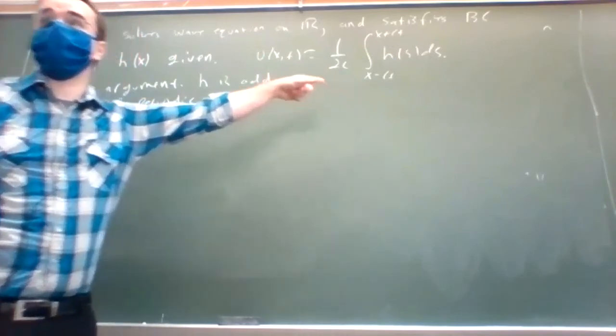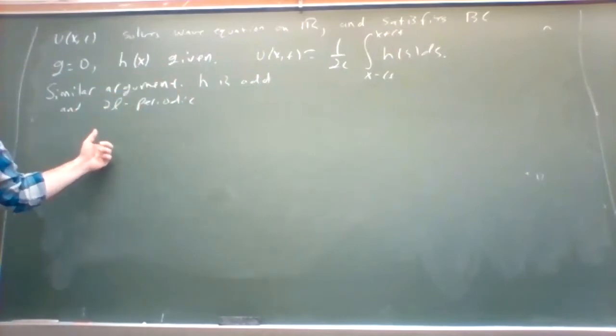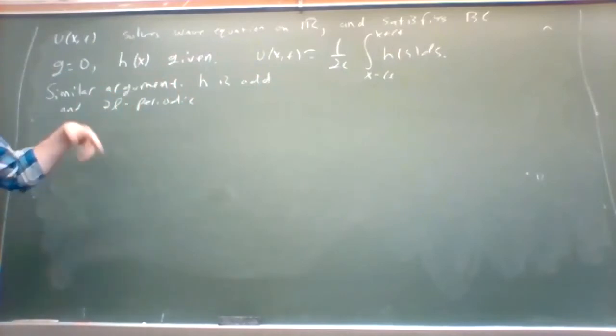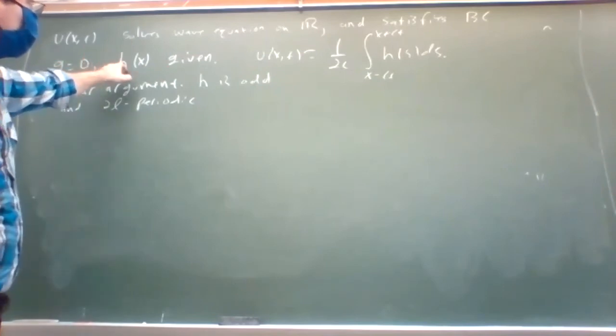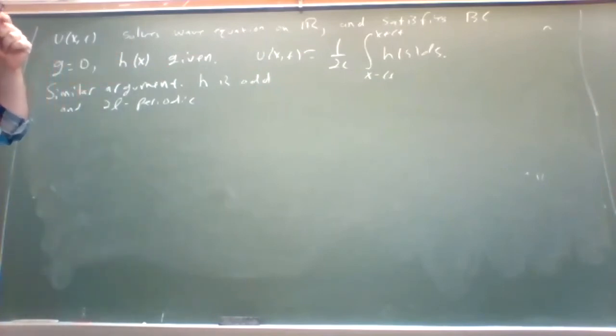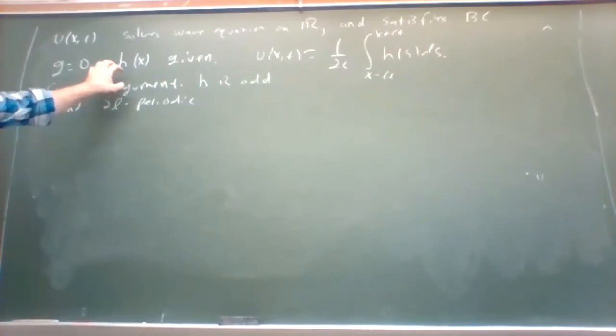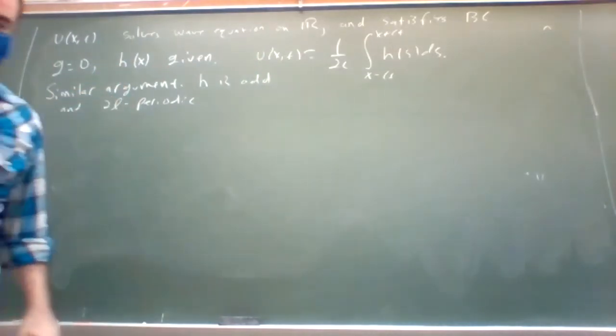Differentiate this, get yourself down to h, repeat the same argument that I gave for g, and it'll work out. So I'm not hiding anything of substance from you. So for both these problems, keeping the other thing 0, the condition has to be 2L periodic, and it has to be odd.